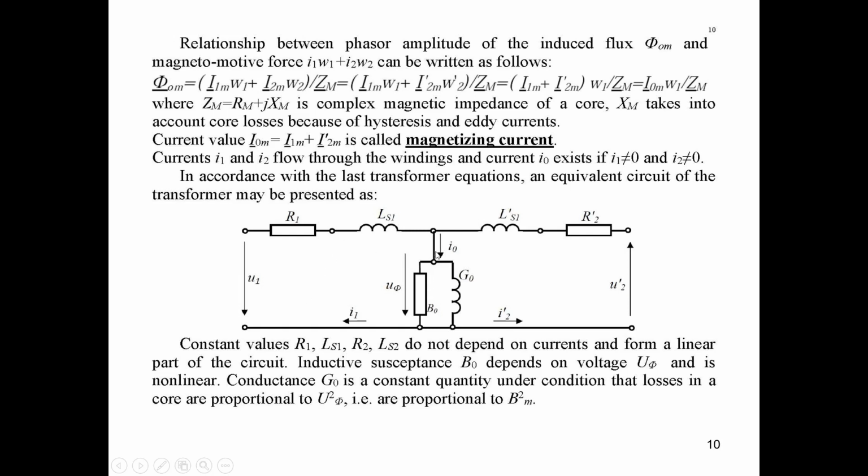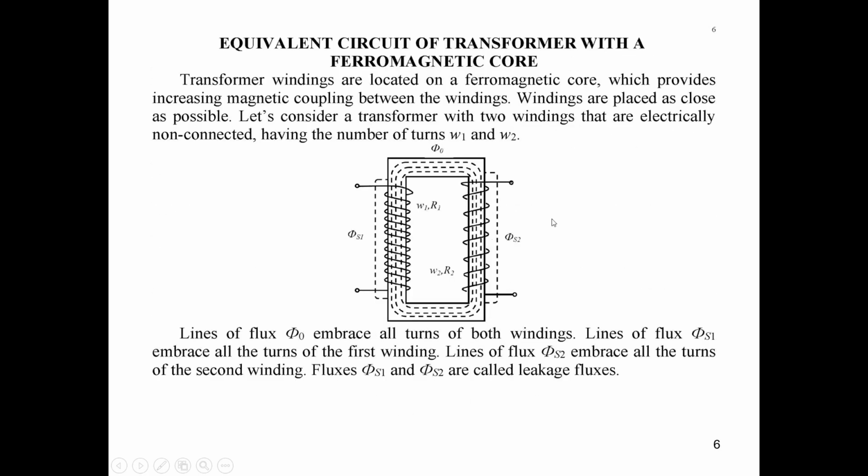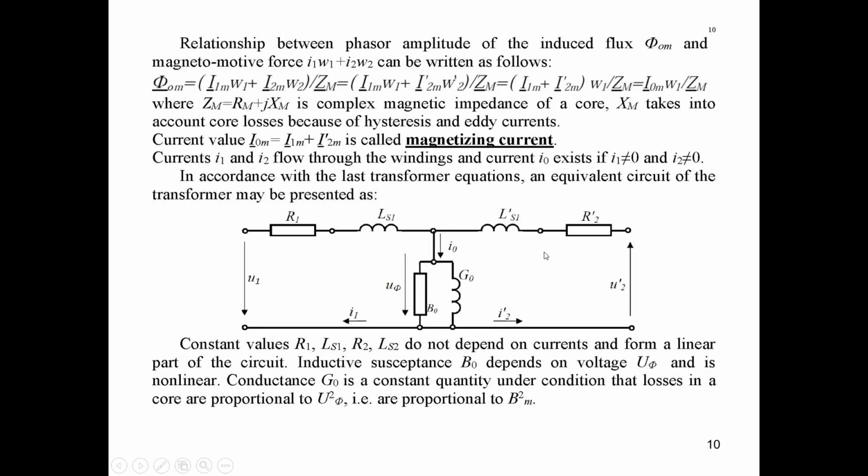So we have here the voltage drop across this branch, it's UF, and so we can present an equivalent schematic of such a transformer which takes into account active and reactive voltage drop across the primary circuit, the same parameters across the secondary circuit, and the presence of this linkage F0 and also active and reactive losses in this core.